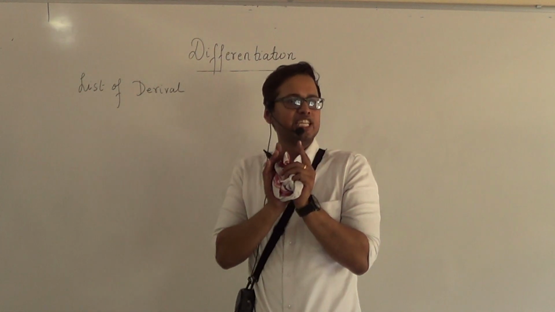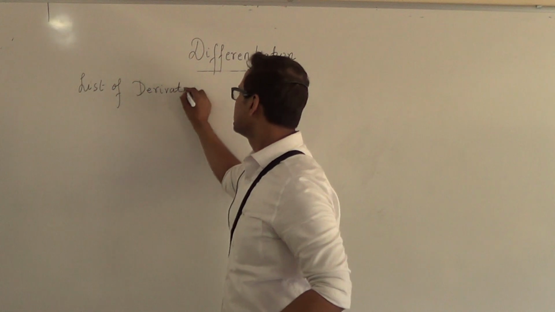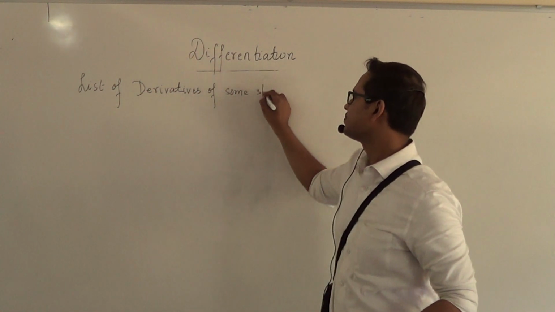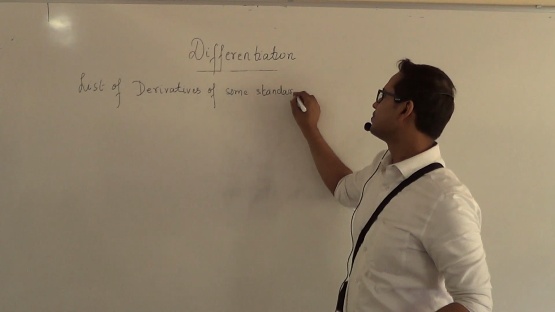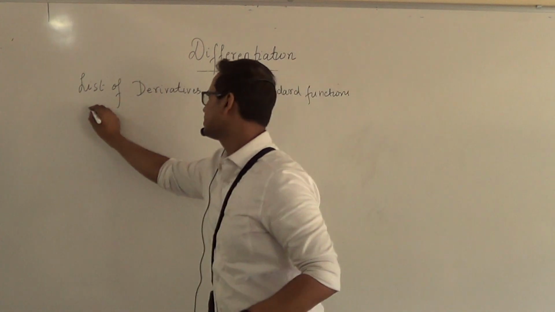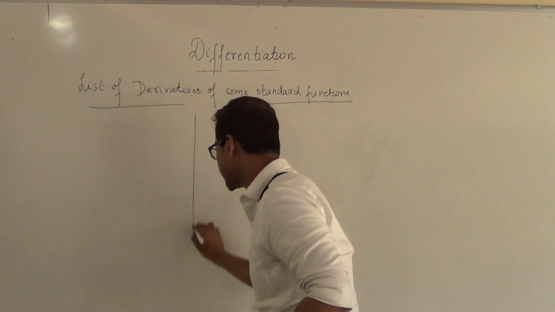I'm learning differentiation, and by learning that I'm finding derivatives. So this is the list of derivatives of some standard functions. When I say standard functions, I mean the well-known functions.